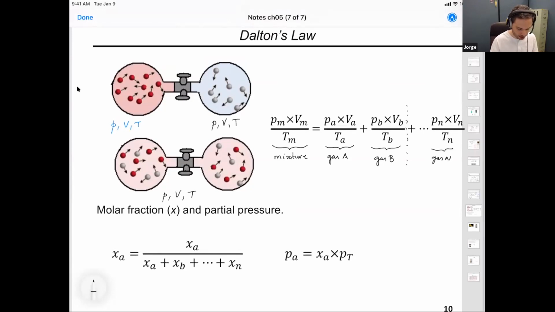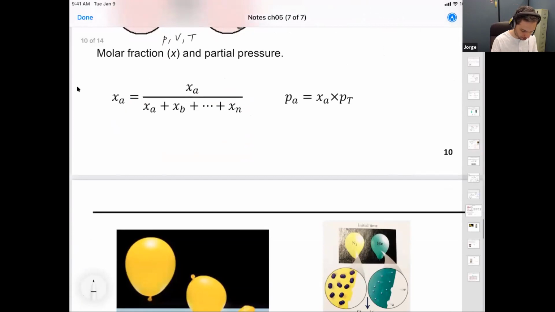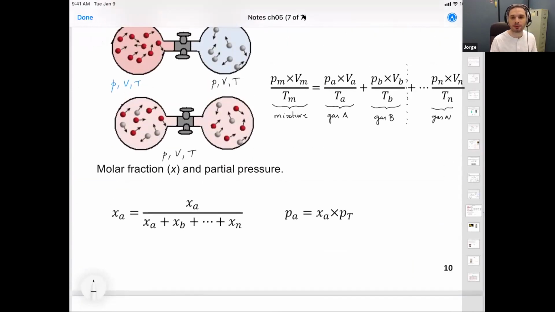Again, we will not explore Dalton's law in a lot of detail here. I just want to show you that when we have mixtures, we just add up the individual PV over T. Okay, so let me switch screens.